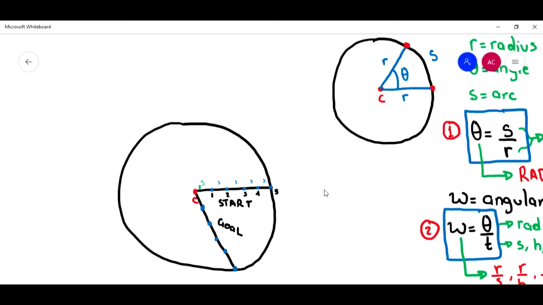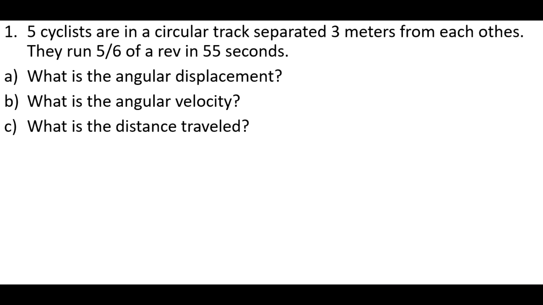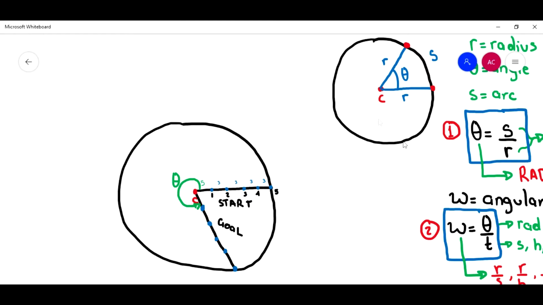This is the angular displacement over here, and we already know that data because they say they run 5/6 of a rep in 55 seconds.